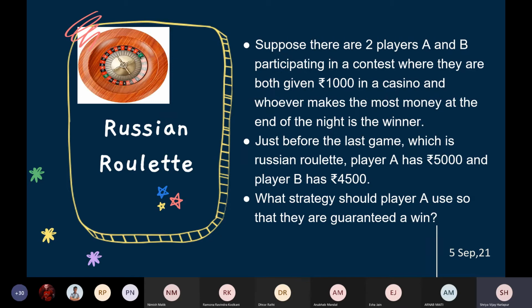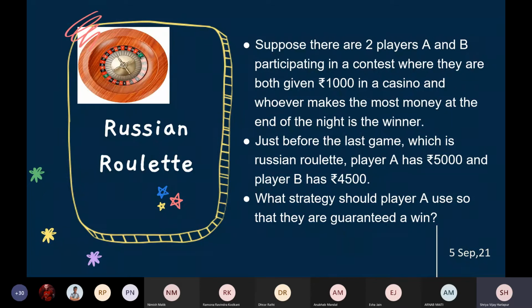Because if the bet doesn't work out, player B will lose whatever money they bet, and player A will still have 500 rupees more than player B. And of course, if they win the bet, then they make the same amount of returns on that, and so player A will still have the 500 rupee lead over player B. And that's how this game works, right?